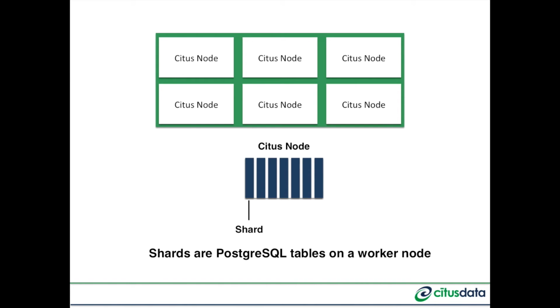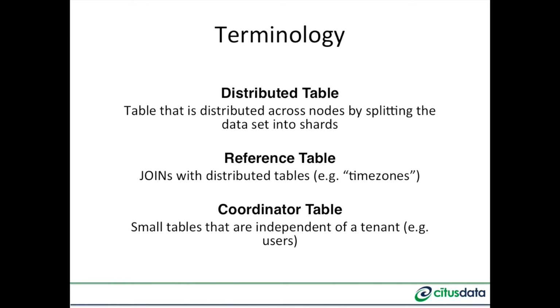Shards are simple Postgres tables on one of these nodes, so they have the same semantics. You can run similar queries. You can connect to the worker itself if you want to take a look, if you want to try out an index. It's really the same operational semantics as a Postgres database, but with the benefit of being distributed. Before we go into more details on this, just some quick terminology details.